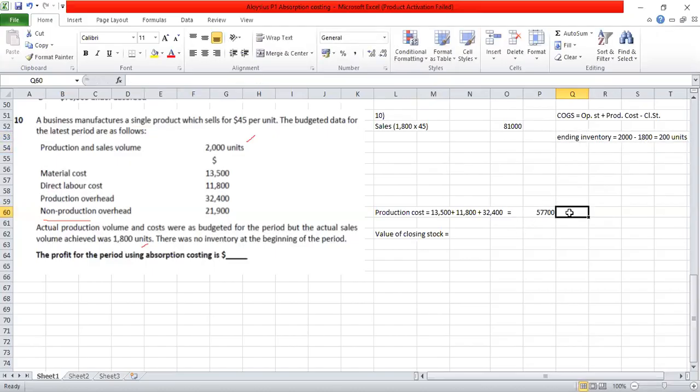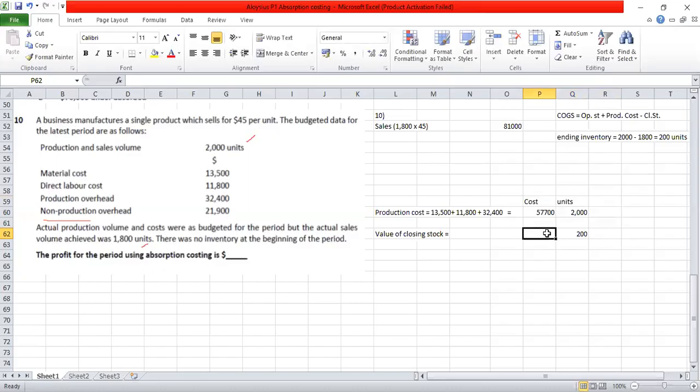So if this is for 57,700 is the cost. Cost for how many units? This is incurred for 2,000 units. So value of ending inventory, which is equal to 200 units.